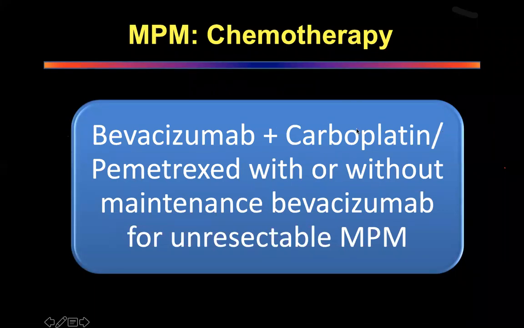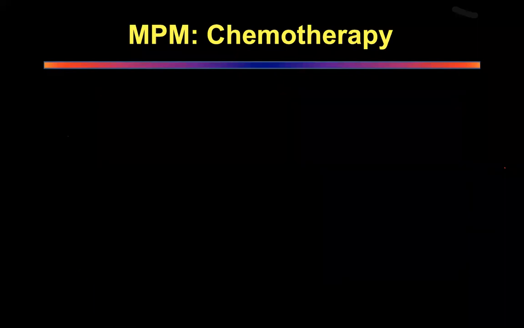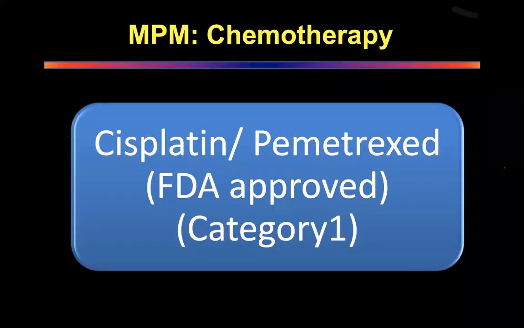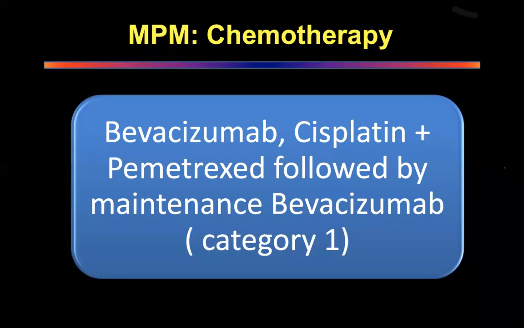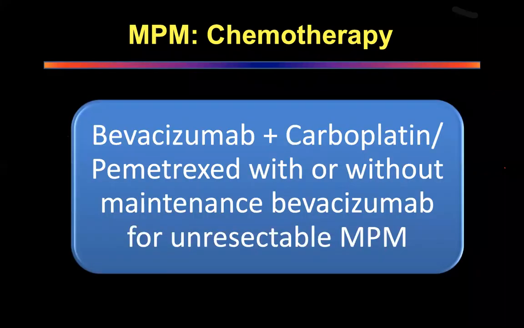Okay, so 3 therapies: cisplatinum plus pemetrexed, bevacizumab, cisplatinum plus pemetrexed, followed by maintenance bevacizumab, or bevacizumab, carboplatin, and pemetrexed. So if some patients are toxic to cisplatinum, you have the option of using carboplatin instead of cisplatinum.